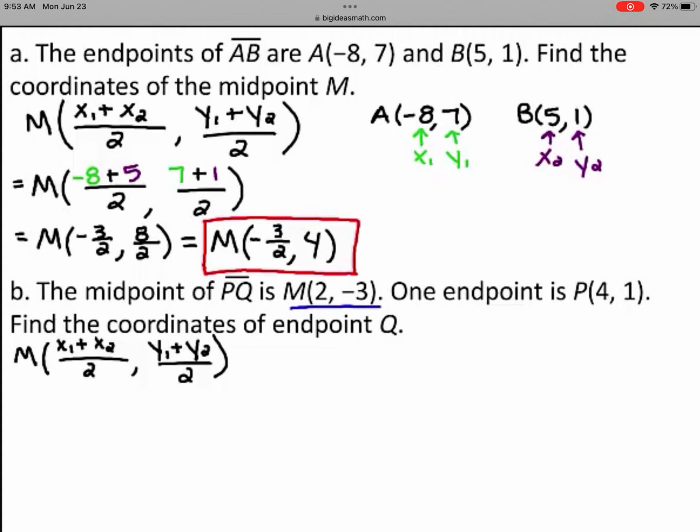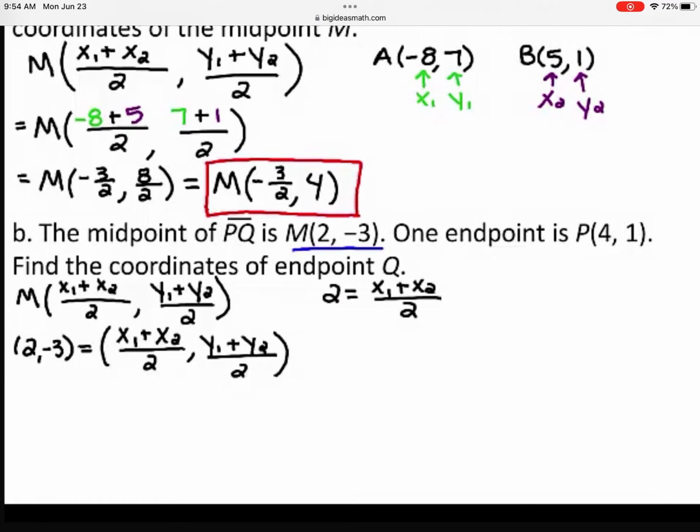So, the coordinates (2, -3) must equal the coordinates x1 plus x2 all divided by 2, y1 plus y2 all divided by 2. Therefore, 2 must be equal to x1 plus x2 all divided by 2, and -3 must be equal to y1 plus y2 all divided by 2.